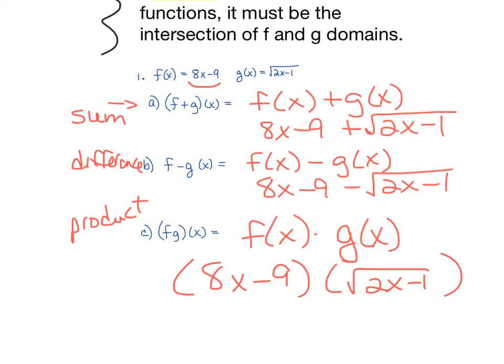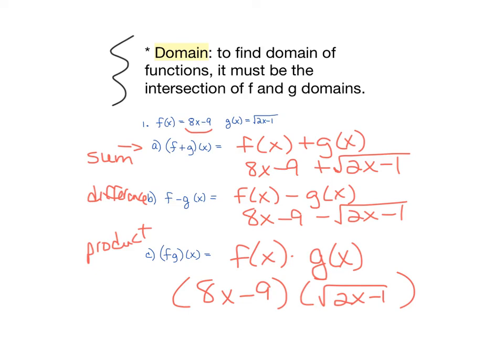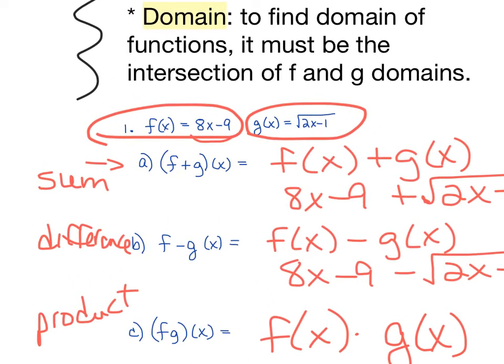When we're finding the domain of two functions that we've either added or subtracted or multiplied or even divided, their domain is going to be the intersection of the two functions. Now, notice in this particular example, my f of x function, remember when you're finding the domain of a function, you're always starting out by assuming it's all real numbers.